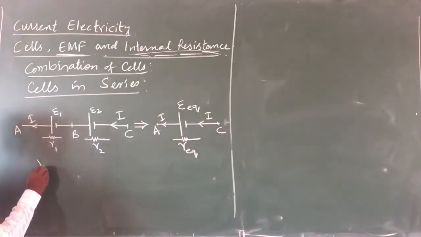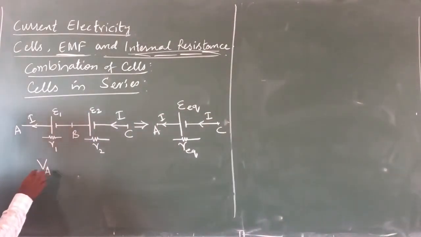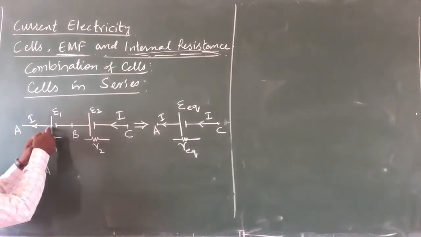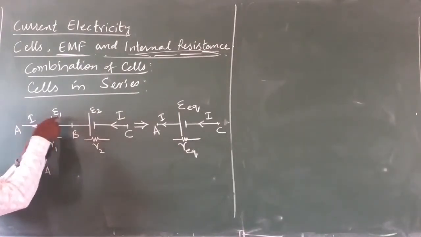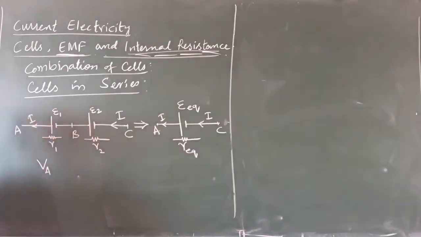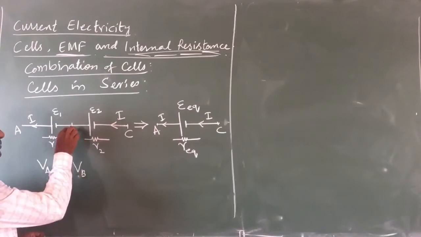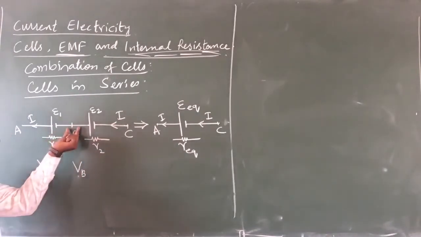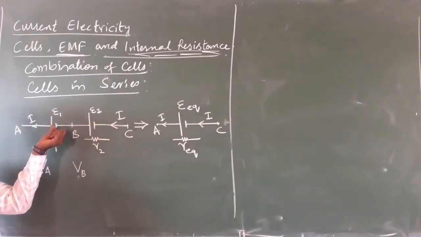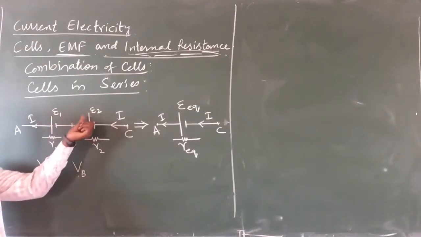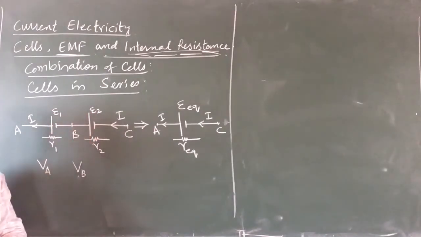There is a potential at point A. Let's call that V of A, and that potential is due to the positive terminal of this EMF epsilon 1. Similarly, there is a potential VB at this point B, and that potential is due to the negative side of epsilon 1 and the positive side of epsilon 2.